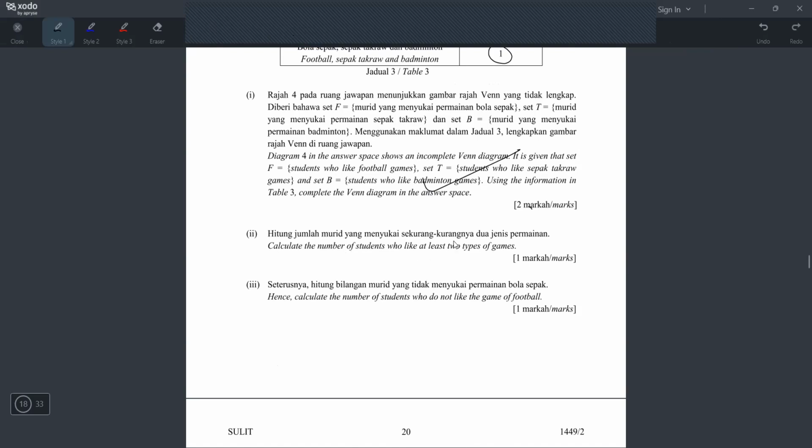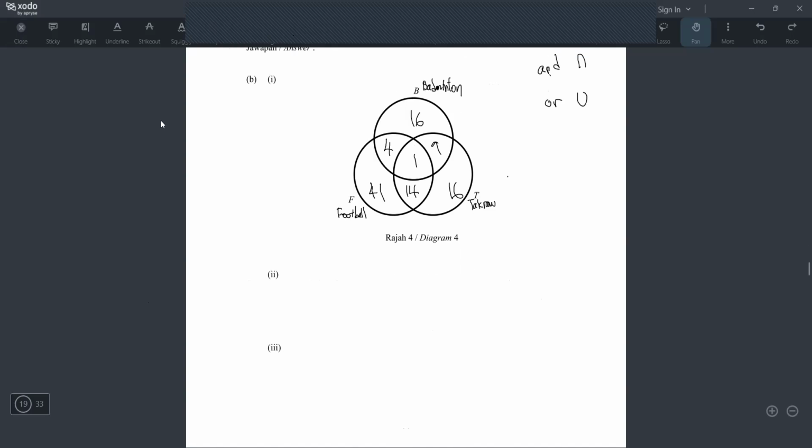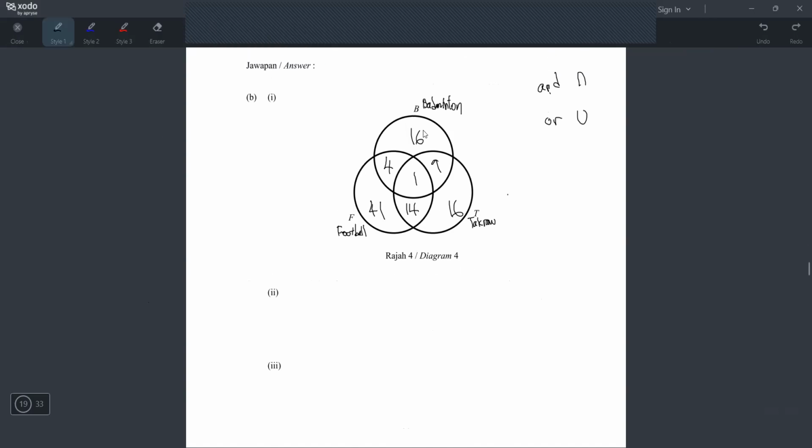Calculate the number of students who like at least 2 types of games. Okay, before I do B2, I just want to ask you, this one and this one are students who play one game, right? What about this one that I loaded, students who play badminton and takraw? Badminton and takraw, no only. What about here?